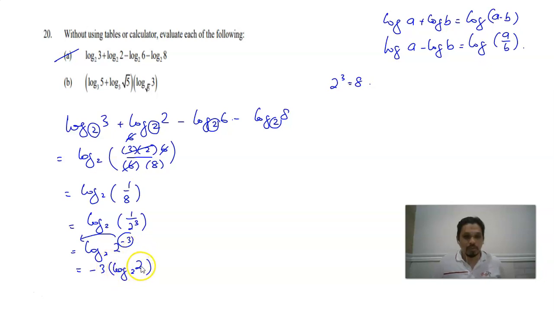Log 2 to the base of 2, just like log a to the base of a, equal to 1. Then 1 times negative 3 equal to negative 3.